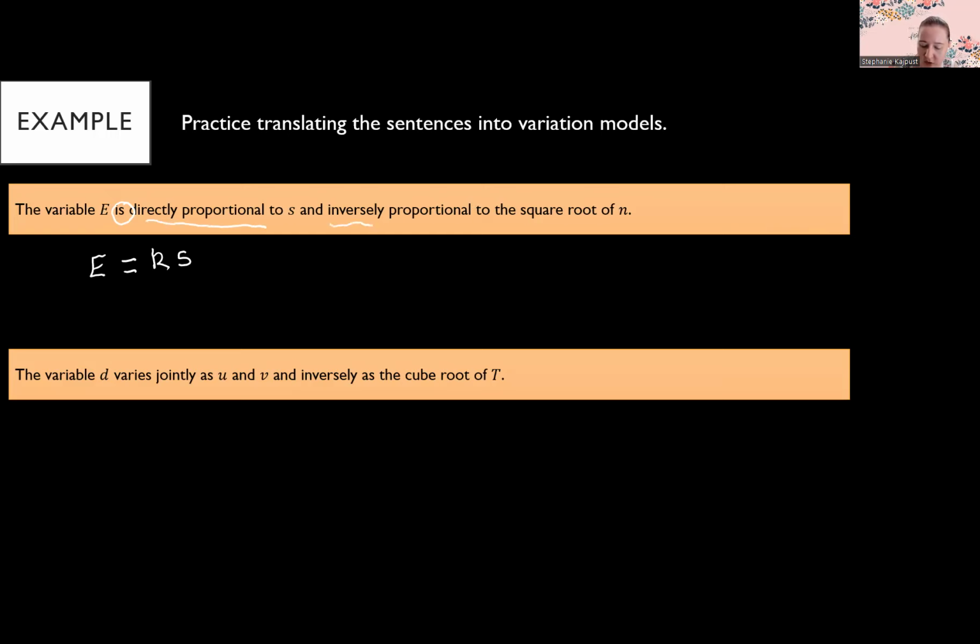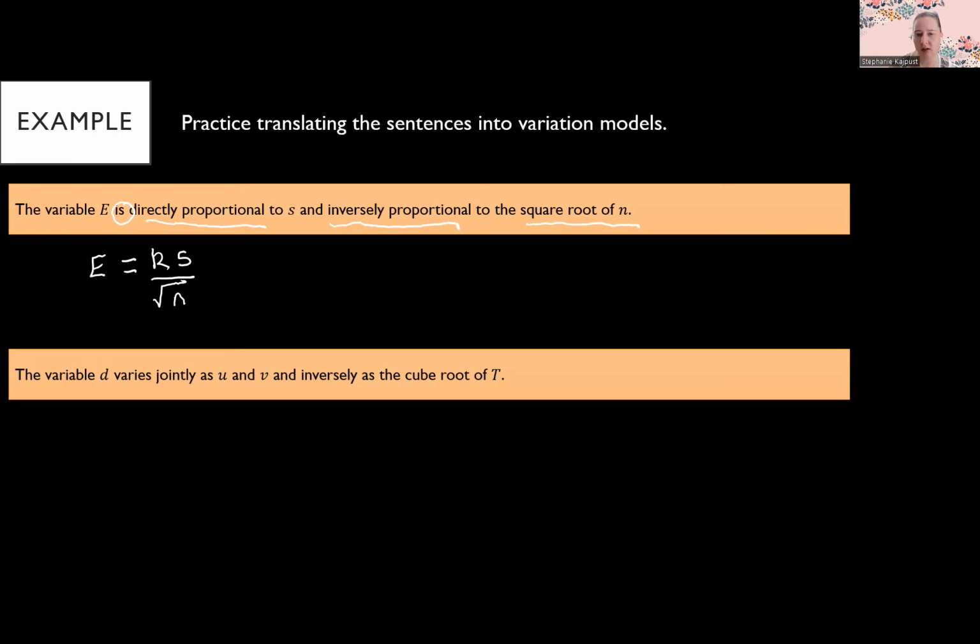So it's directly proportional to S, so it's going to be multiplied by S. And then we've got this word inversely proportional, which tells that we're dividing. So now I'm going to create a fraction. Everything that I had before the words inversely proportional is essentially the top of the fraction. And then the square root of n. So I need to have the square root symbol in the bottom of the fraction, because whatever follows the words inversely is on the bottom, and then n is inside that square root.